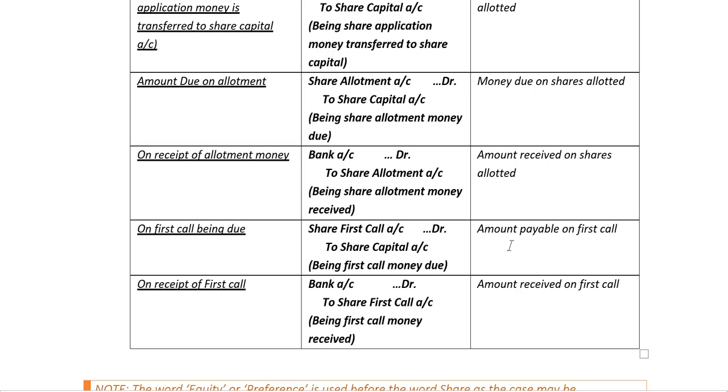The amount is the amount which is payable on the first call. On receipt of first call money, the journal entry is bank account debit to share first call account, narration being first call money received, and the amount is the amount which is received on the first call.